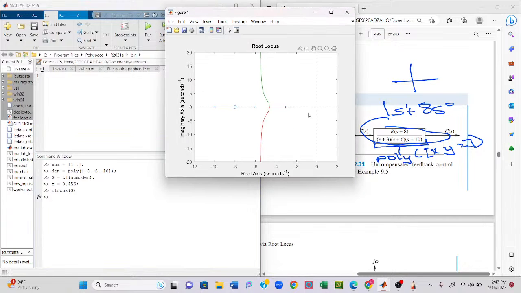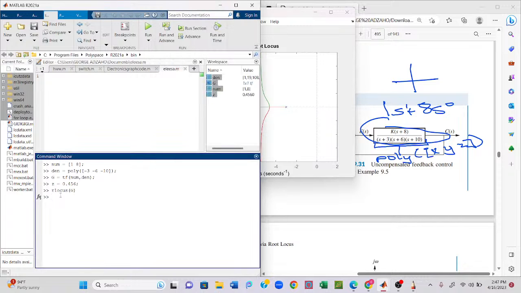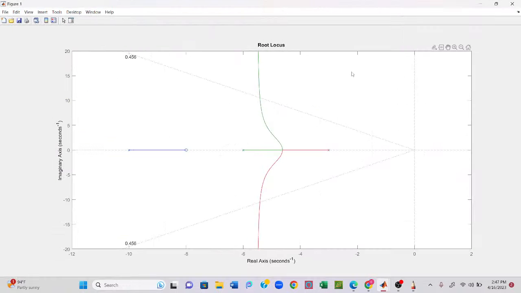Now this is the root locus of the transfer function. You need the graph to show the line with damping ratio 0.456, so you give the damping ratio grid.